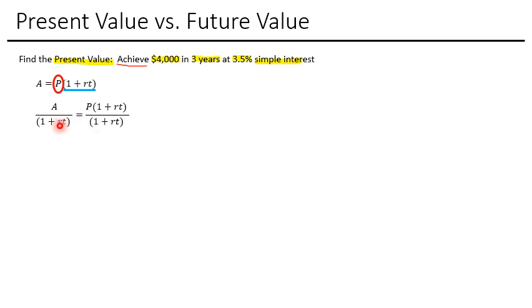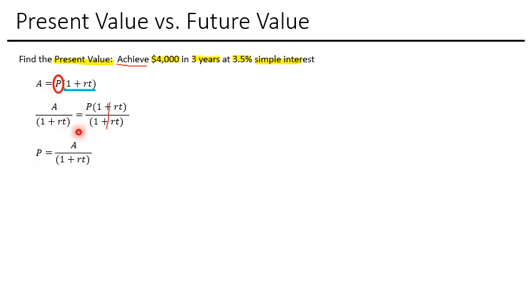These two cancel each other out. That's that magical number 1 that we've talked about before. I am just left with P, so I flopped this around, and P is equal to A over 1 plus RT.